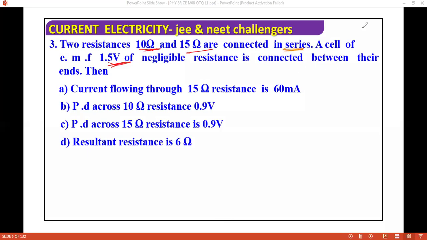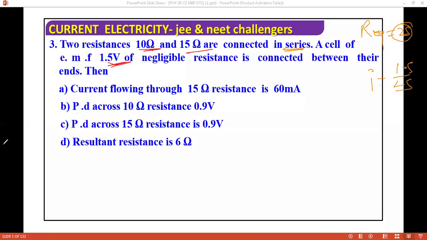First find R equivalent. R equivalent will be 15 plus 10, which is 25 ohm. Once you find R equivalent, you can easily find the current. Because there is no internal resistance here, the current is 1.5 divided by 25.